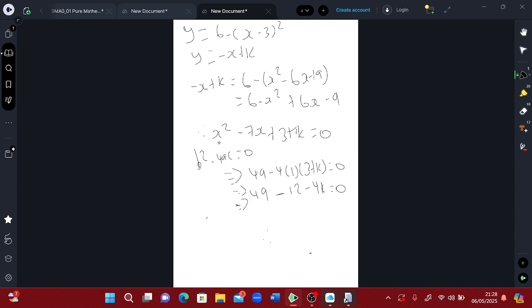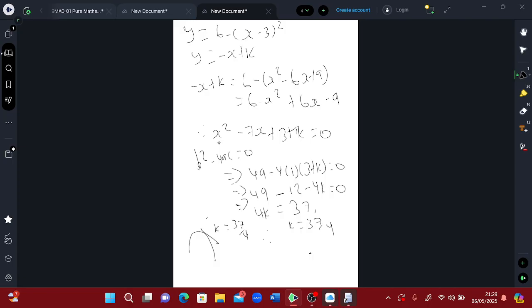That would then tell you 4k would be 37, so k would be 37 over 4, which doesn't simplify, I don't think. That's it. What that's telling you is the point where the line touches the curve only once. That is when k is 37 over 4.